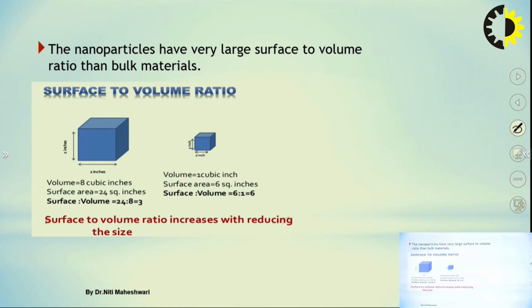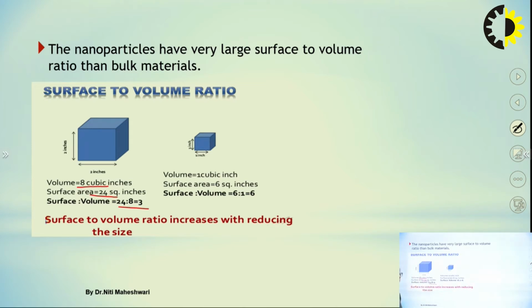Here I am taking one example of how the ratio changes. Here you can see I have taken a cube of 2 by 2 inches. The volume of this cube is 8 cubic inches, whereas the surface area is 24 square inches. And the surface to volume ratio is 3.